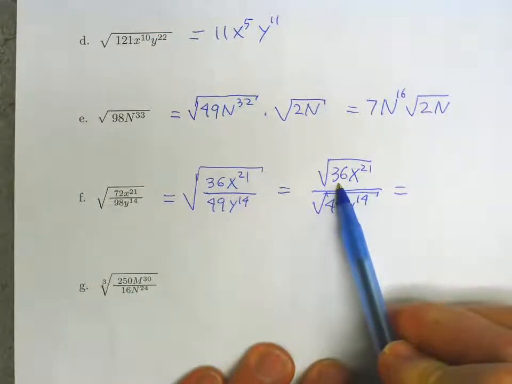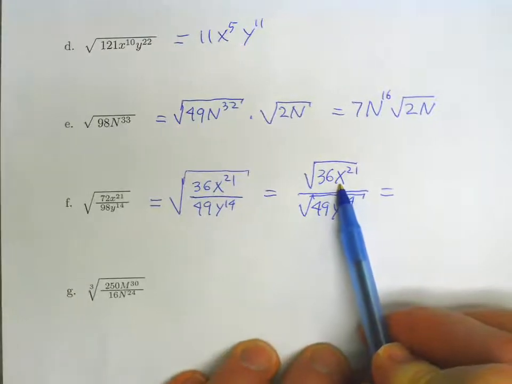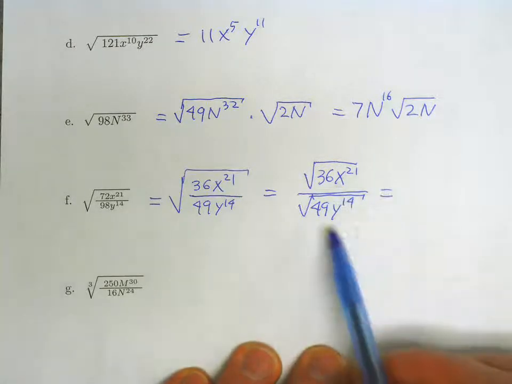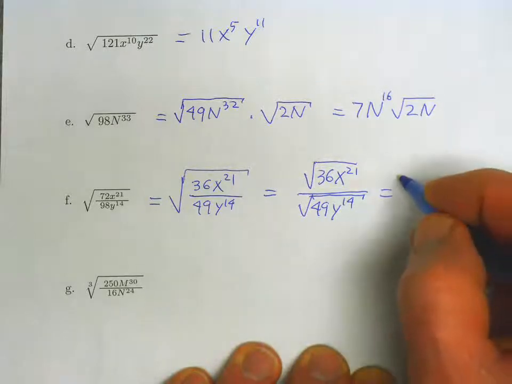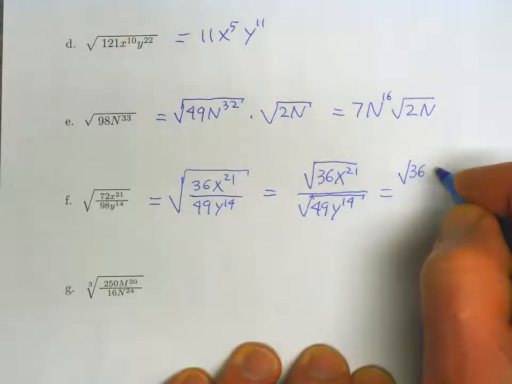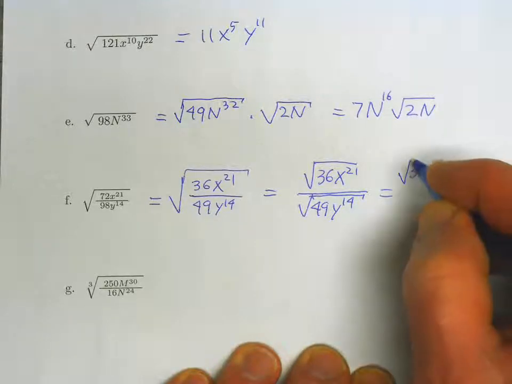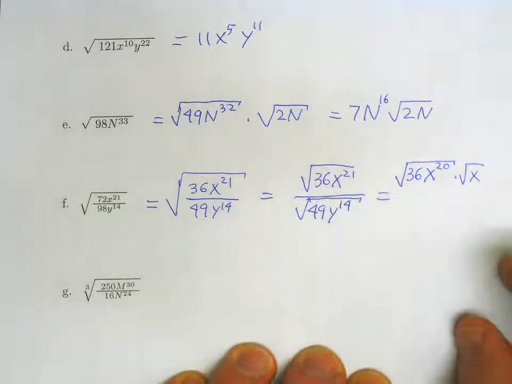36 is a perfect square, and the largest factor of x to the 21st that is a perfect square is x to the 20th. And in the denominator, 49 is a perfect square, and so is y to the 14th. So in the numerator, we can write it as the square root of 36 x to the 20th times the square root of x.